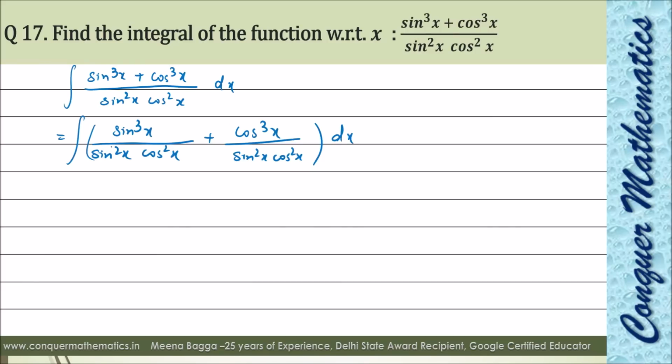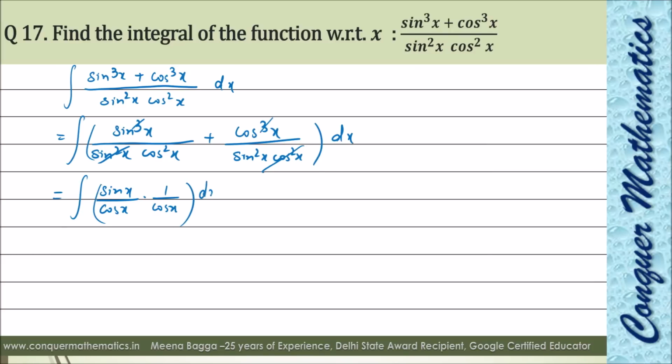Okay, sin square x cancels with this, only sin x will be left. Now cos square x cancels with this, only cos x will be left. So here we are left with sin x divided by cos square x, which we can write as sin x upon cos x into 1 upon cos x.